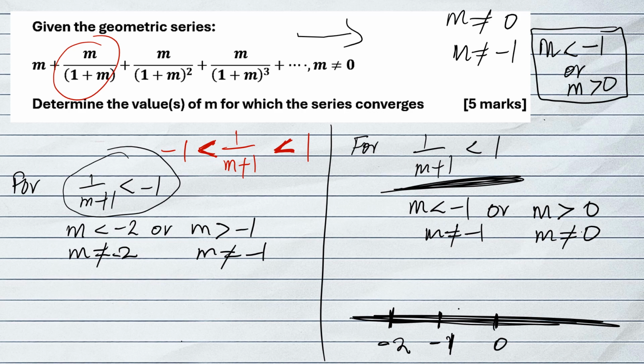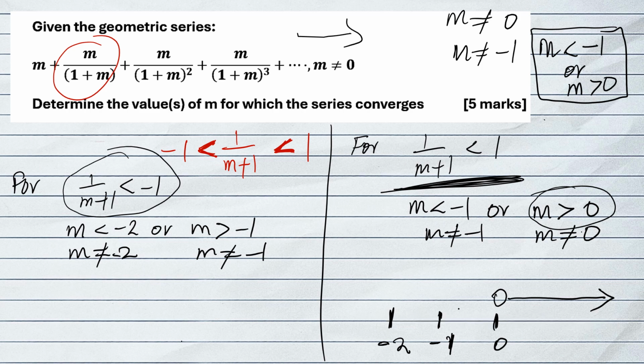Yeah. Okay, so for 0, m must be greater than 0. From this point going forward, it is correct. And it's also complemented by m greater than minus 1, right?